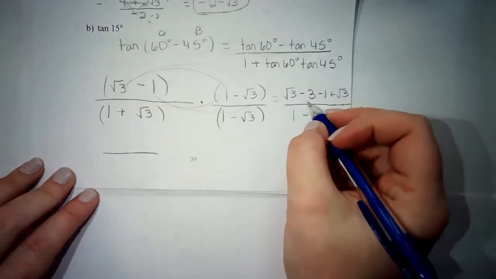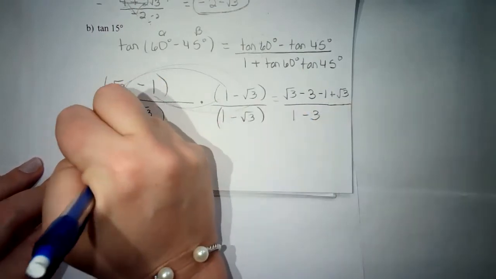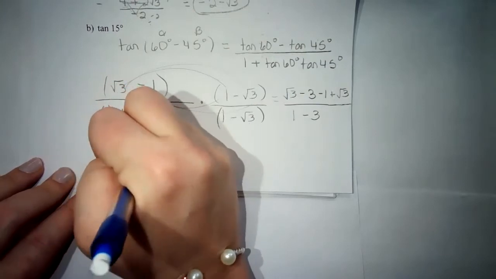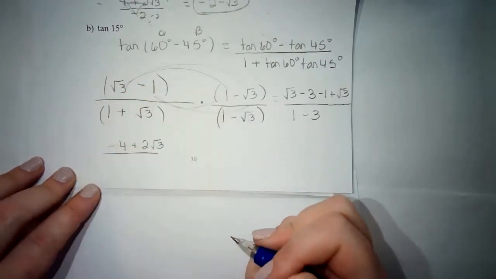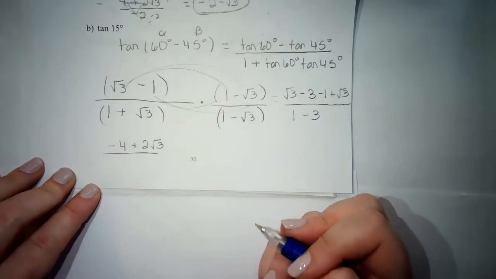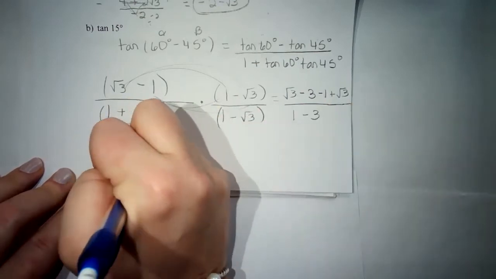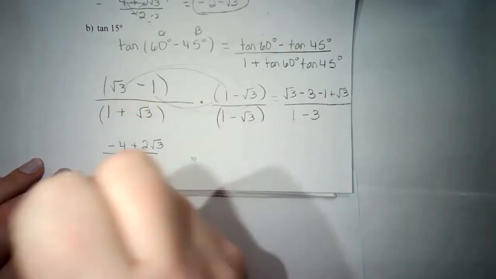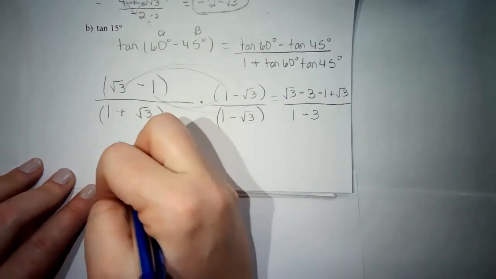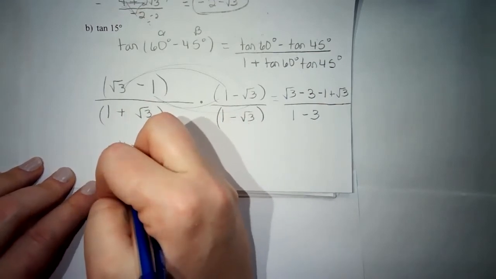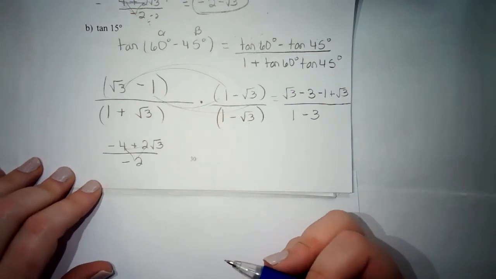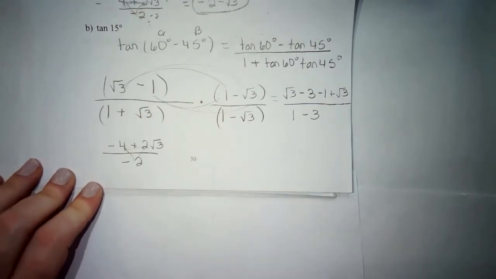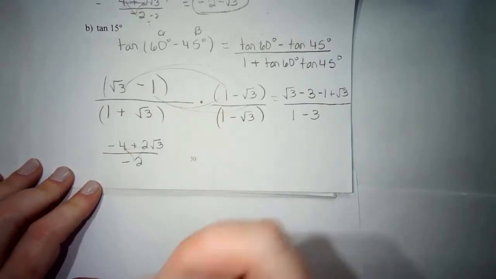Okay. Negative 3 minus 1 is minus 4, plus 2 root of 3. And then the bottom, we're going to have negative 2. So if every single term can be divided by the same number, let's do it.